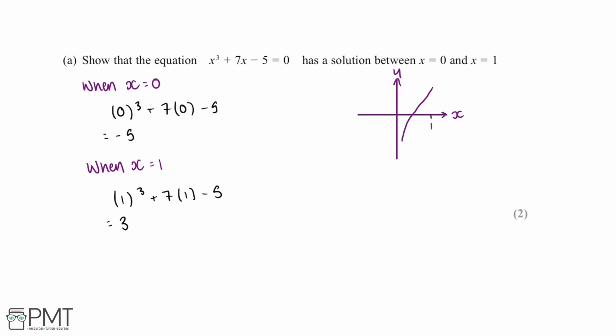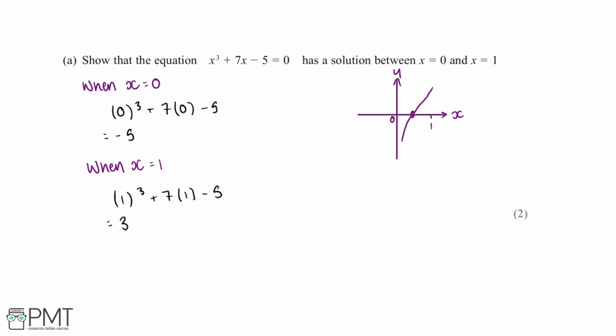And the solution for this equation would be here. And we can see this value is between 0 and 1. So therefore, because one of these values is negative and one of these values is positive, then this solution lies between x equals 0 and x equals 1.